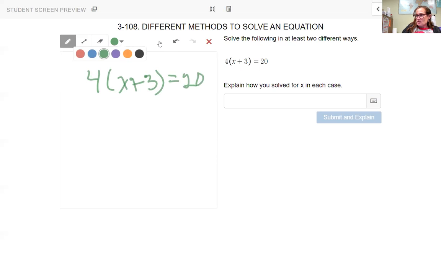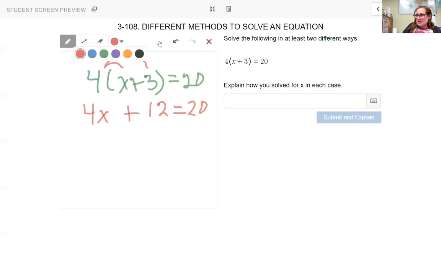The first thing we could do is the rainbow: distribute our 4. Then we'll rewrite it as 4x plus 12 equals 20, and then we solve for x.